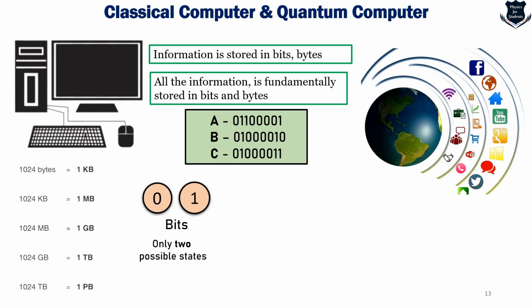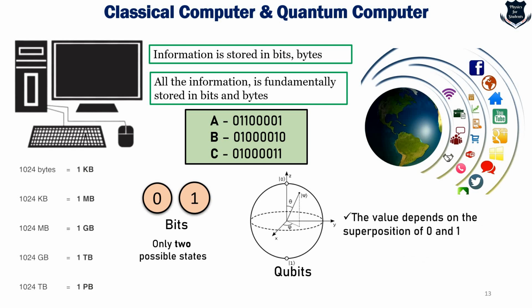Now herein comes the difference with quantum computing. This is an image of a qubit, like a Bloch sphere. I'm not going into that; you ignore the psi and theta and other symbols. Now in a qubit, the value depends on the superposition of 0 and 1. What does that mean? That means it can be in both states.